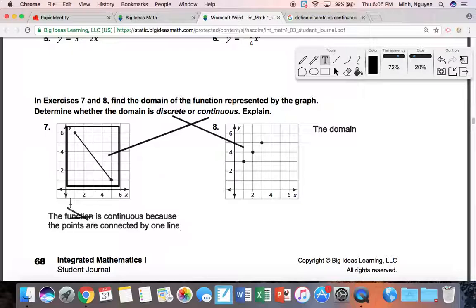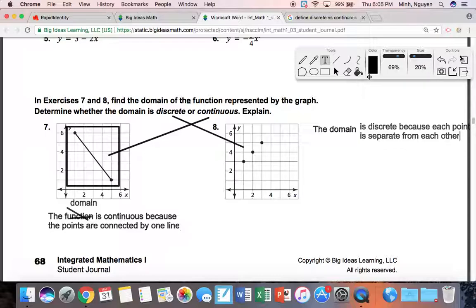For those of you who are not listening and just watching, the domain is discrete because each point is separate from each other.